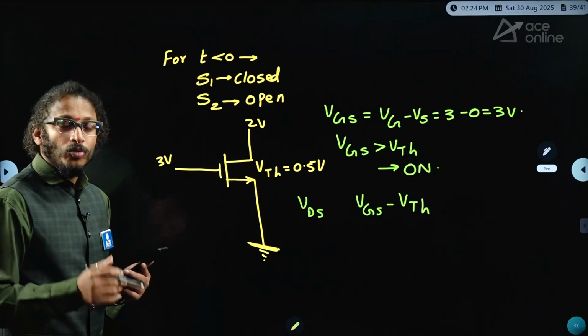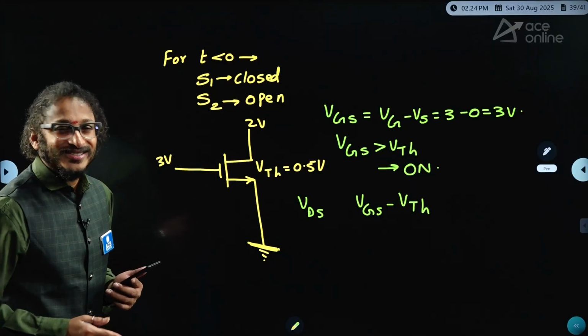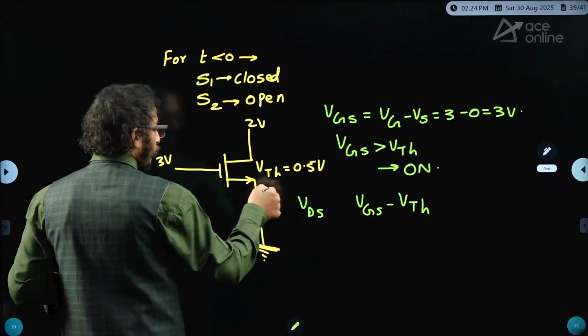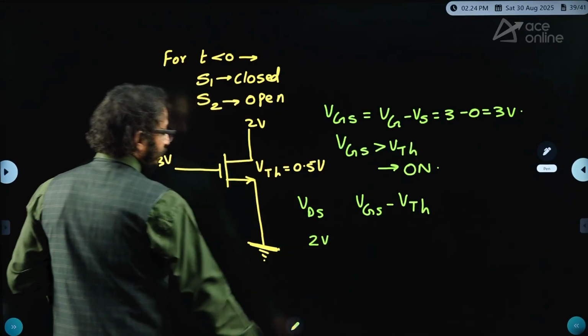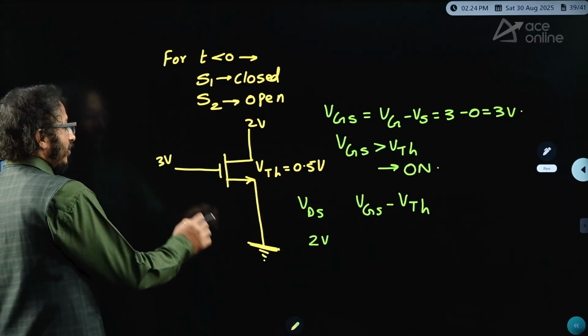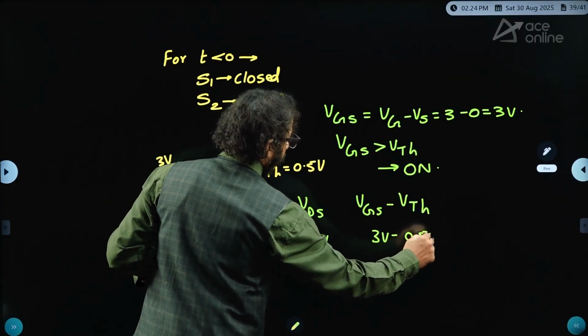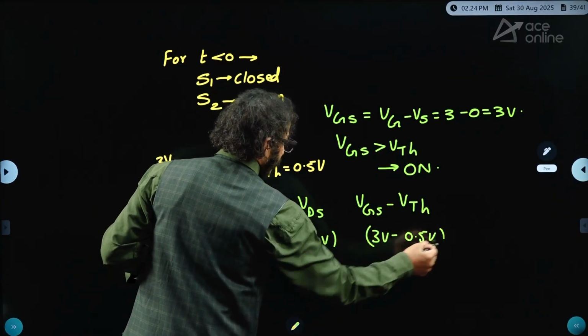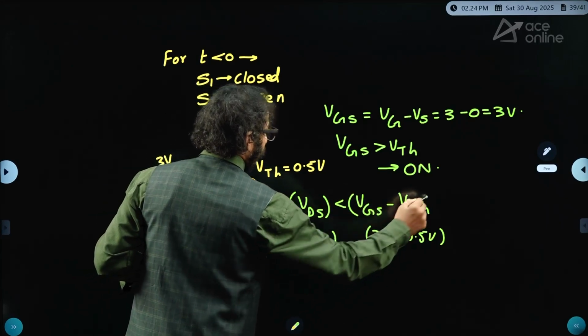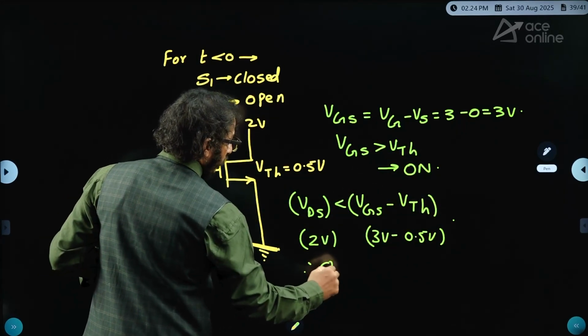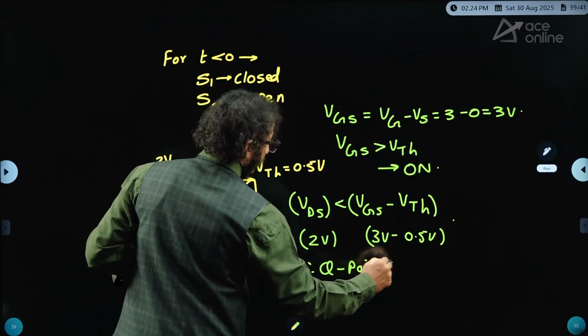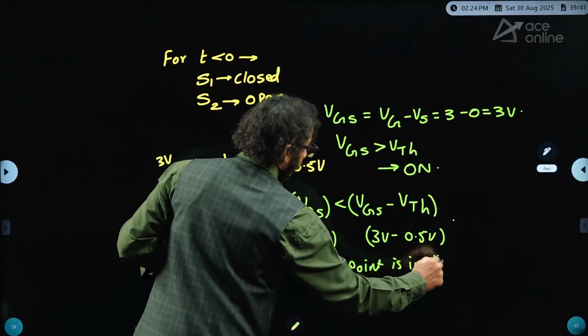VGS minus VTH is the overdrive voltage. Now, VDS is 2 minus 0, which is 2 volt. VGS minus VTH is 3 volt minus 0.5 volt, so VDS is lesser than that. Therefore the Q point is in linear.